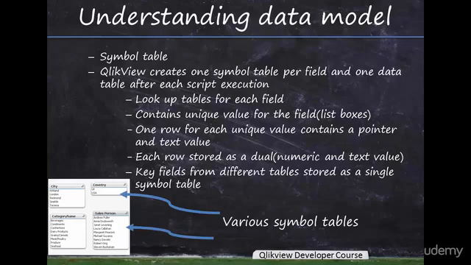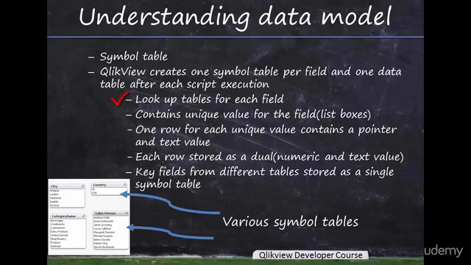database. After each script execution, QlikView stores data into two tables. One is the symbol table, and the other is the data table. So let's first review the symbol table. Imagine QlikView creates one symbol table for each field.